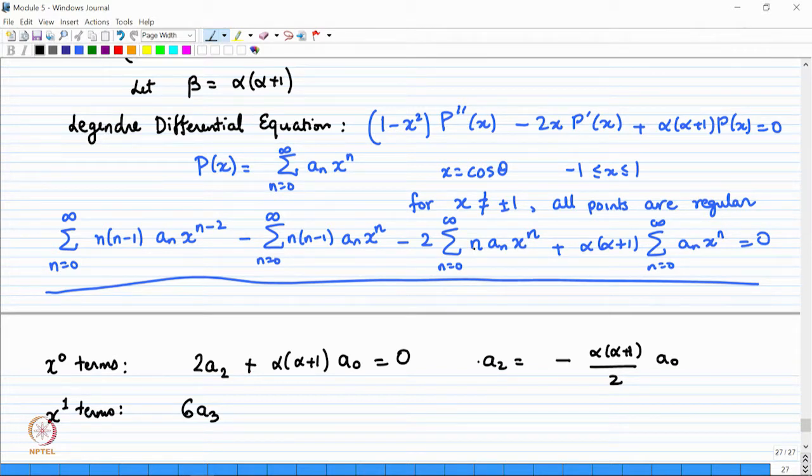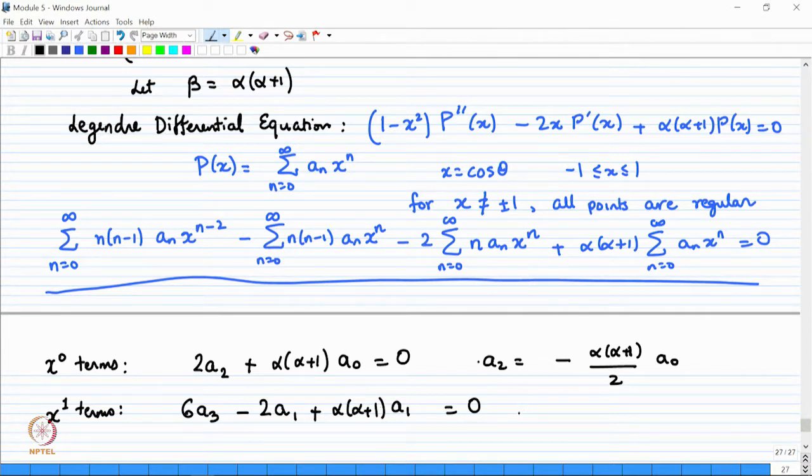The third term gives n equal to 1, so you have minus 2 a_1. And in the last term you will get plus alpha times alpha plus 1 times a_1. This has to be equal to 0, because the right hand side has no x raised to 1 term.